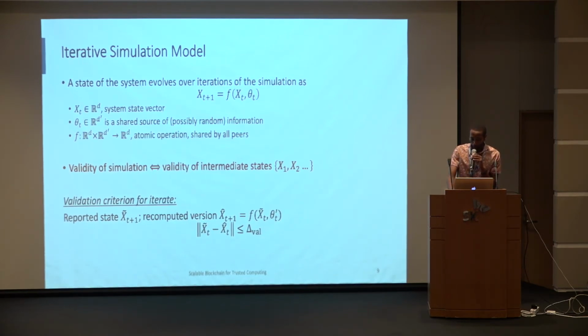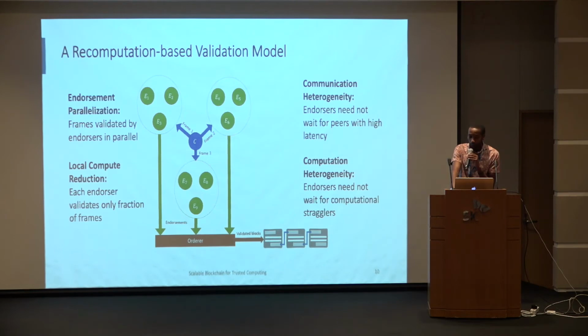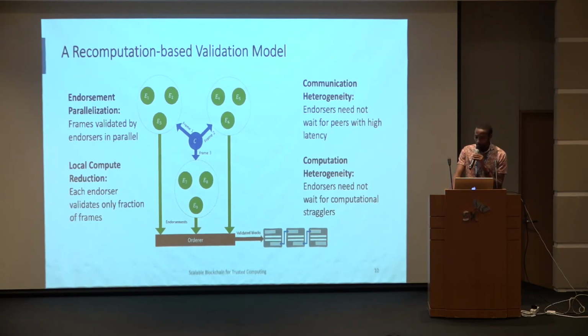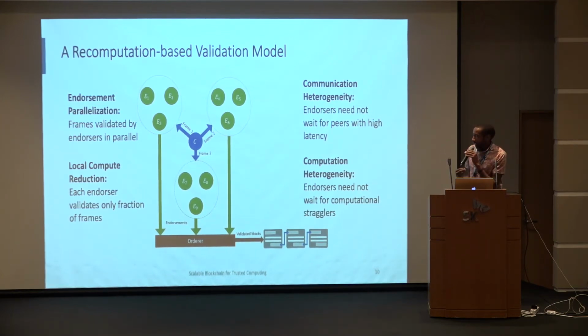So we also have a computation-based validation model, whereby a client performs the computations based on the original iterations and reports the computed states to the endorsers. Then the different frames have different disjoint sets of states and are validated by disjoint sets of endorsers in parallel. So the endorsers in this case validate frames and send the endorsements of the frames to the orderer.